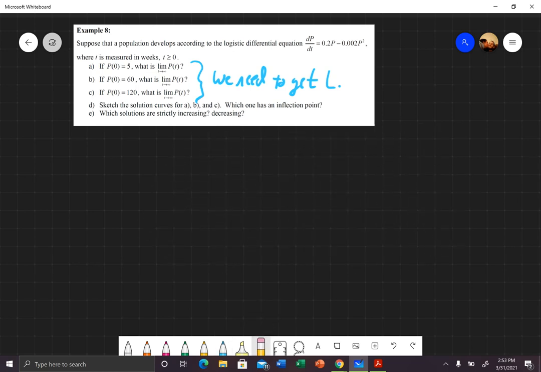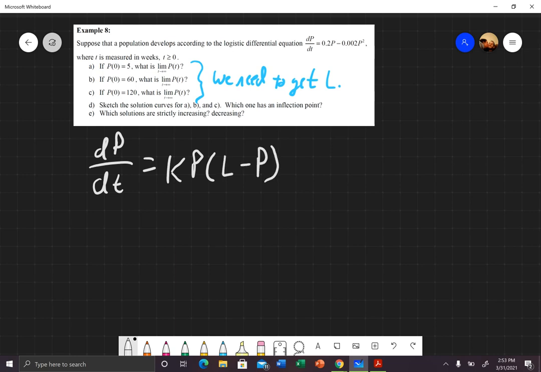Now, we've worked with this a little bit so far. And what we've done is gotten the logistic problem in a form where dP/dt equals k times P in parentheses L minus P. Okay, and this is what looked familiar to us. Currently what we have right now is dP/dt equals 0.2 times P minus 0.002 P squared.